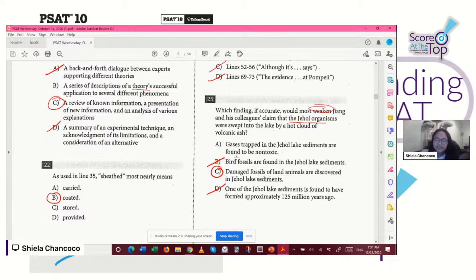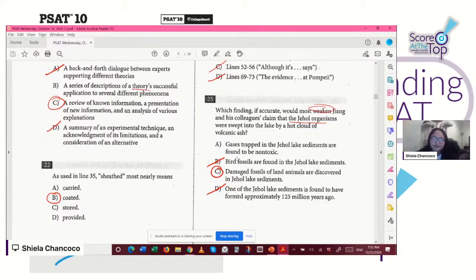What they had found was actually non-damaged land animals in the lake. So that's the only one that would weaken it. Everything else, if this was true, would not really support, but would not do anything to their claim. So A is one of those. A is like, okay, if we found that they were non-toxic, then they didn't get killed.